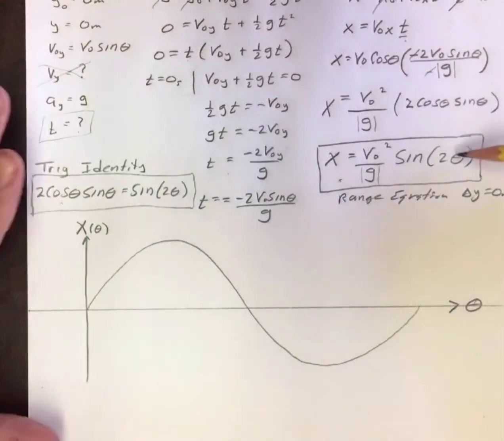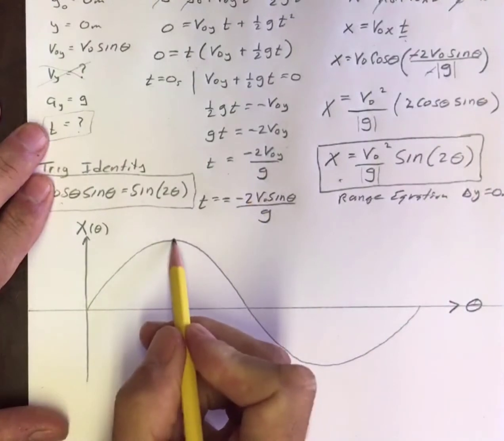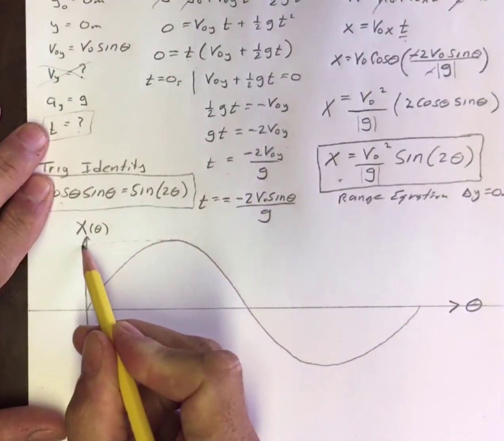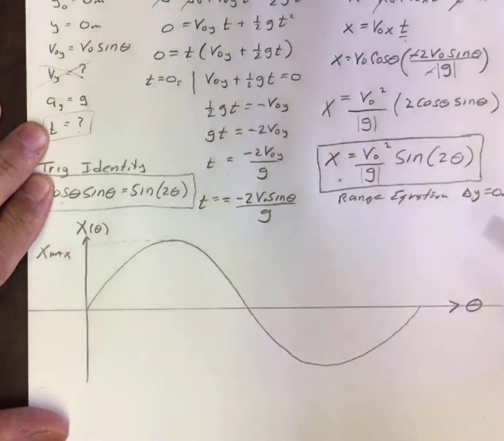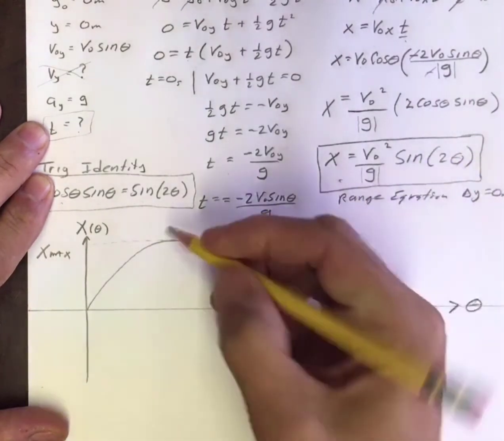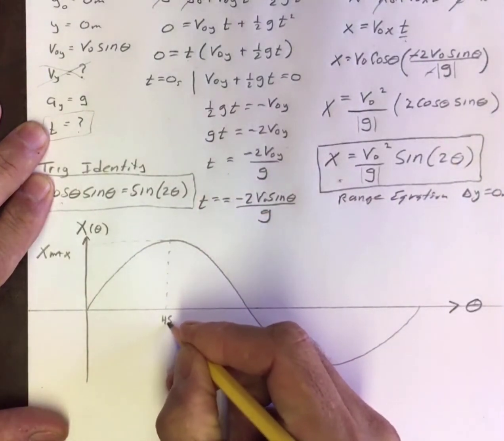It's a little bit strange with this twice angle, so let me talk about what's going on. This peak part right there, that's the maximum range. And the sine function maximizes at 90 degrees. So when the angle of the launch is 45 degrees, 2 times 45 will give you 90. So that must be that this position right here is 45 degrees.